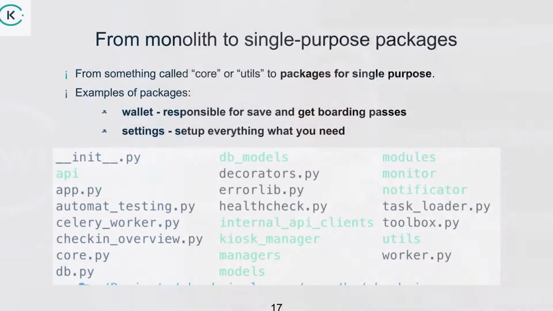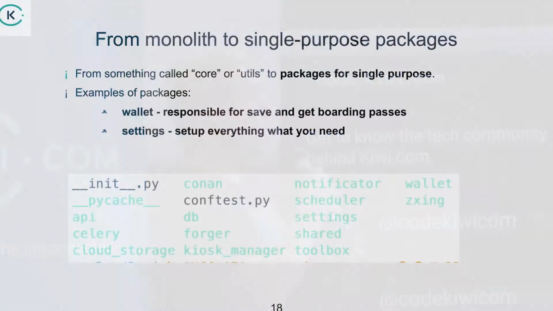Okay, if you have packages and you need to connect them together, it's a little bit tricky. Because when you create, for example, Wallet, it can happen that you need to know about settings, database, and this stuff. A great way to solve this problem is dependency injection, which allows you to create the instance of this dependency outside your class and insert it in your class when you need it.